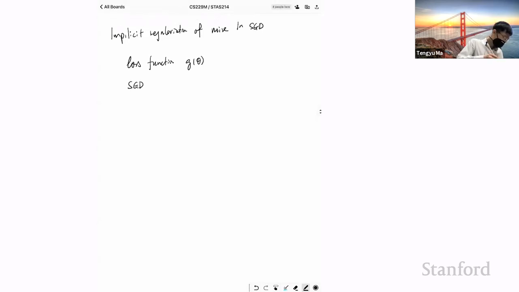The stochastic gradient descent algorithm we're going to analyze is something like this. theta t plus 1 is equal to theta t minus a noisy gradient.